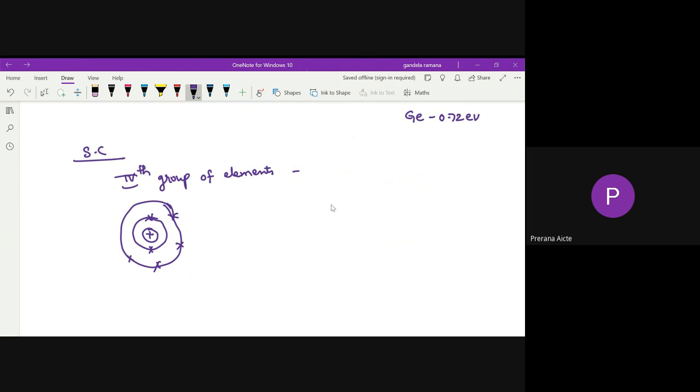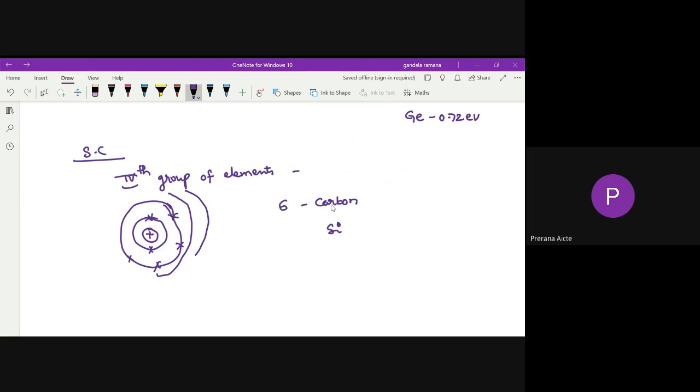So atomic number 6 is carbon. Carbon is a fourth group element. Just like that, the next element with valency 4 electrons is silicon.